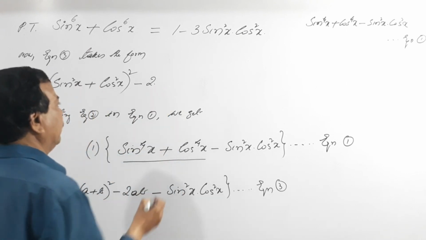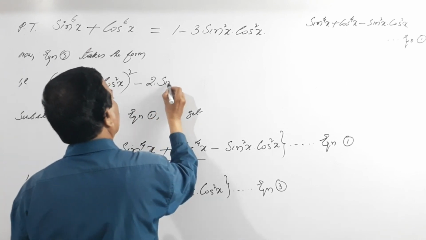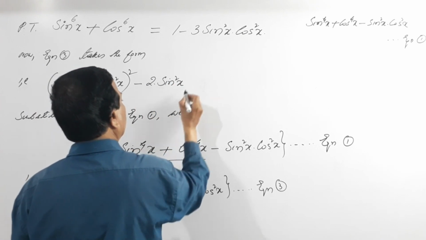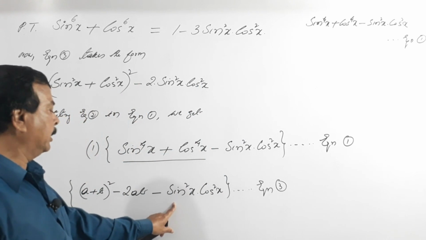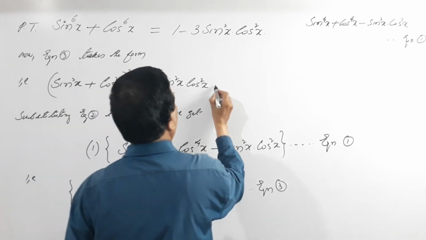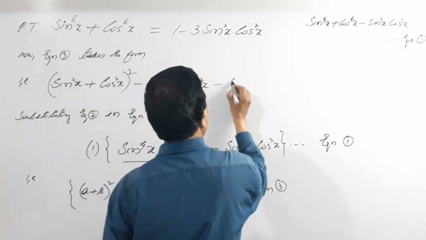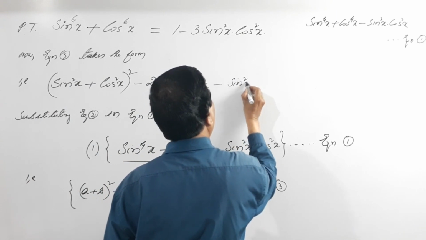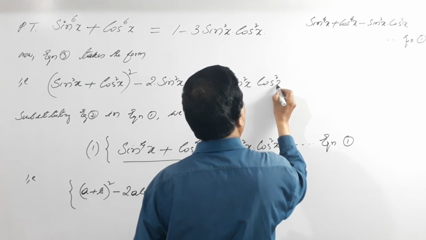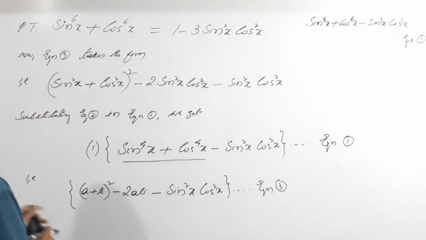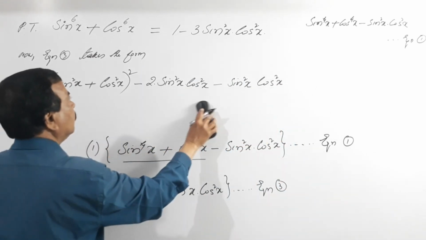What is A? Sin square x into cos square x, and this is minus, again minus sin square x into cos square x. I'll rub this, ये मिटा दूं.